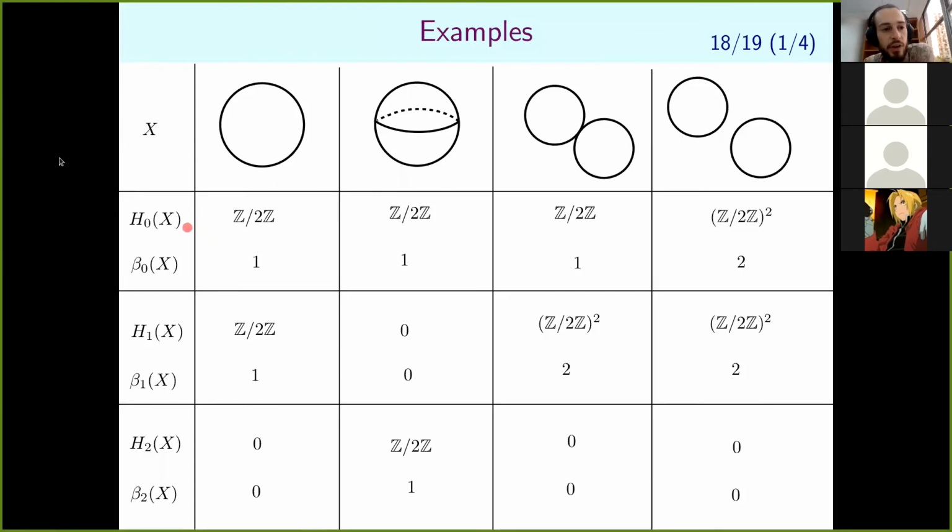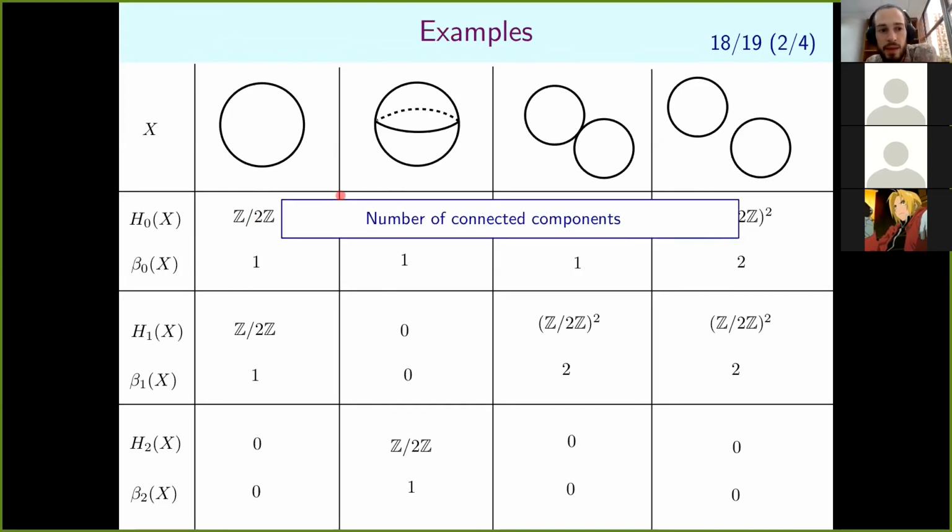So I say that the Betti numbers of these four topological spaces are 1, 1, 1, and 2. And as I said, we will see tomorrow that this corresponds to the number of connected components of our topological spaces. Their first Betti numbers are 1, 0, 2, and 2.